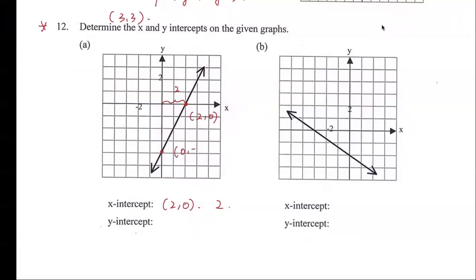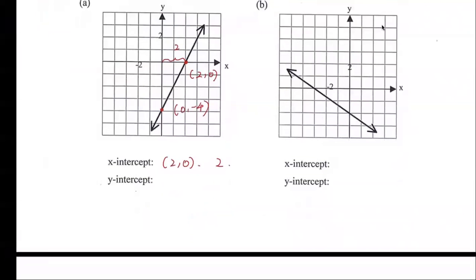That's a 0 minus 4. Again, if you are writing the exam, if you wrote y-intercept is 0 minus 4, I will say that's correct. If you say y-intercept is minus 4, I will also say that's correct, because technically this is minus 4.